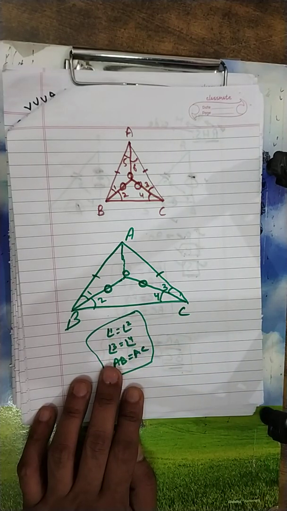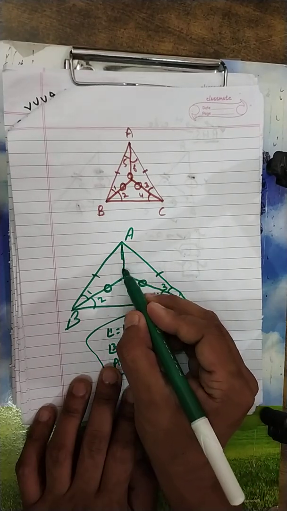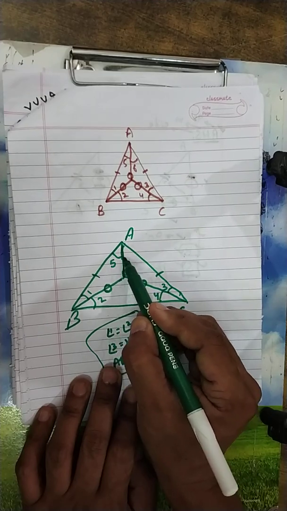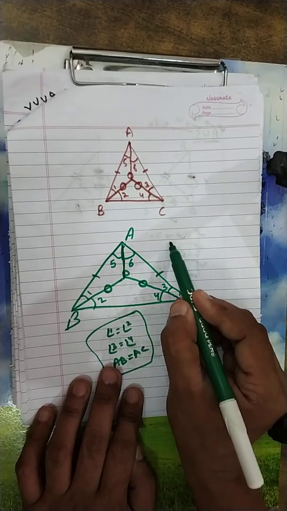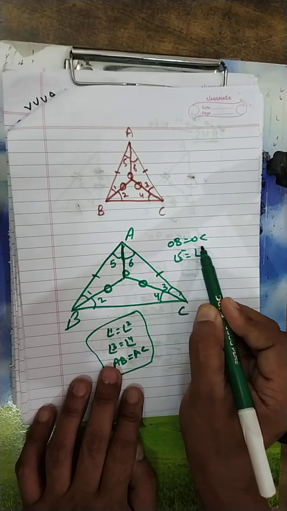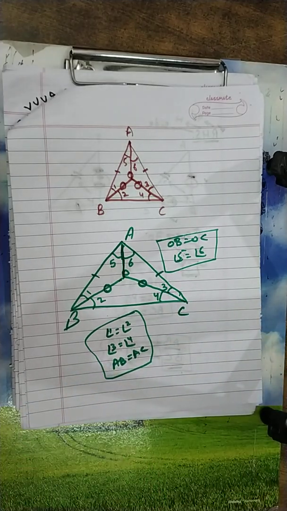And second, OA bisects angle A. This line OA bisects angle A. It means we also have to prove angle 5 equals angle 6. So we have to prove OB equals OC and angle 5 equals angle 6. These two things we have to prove.